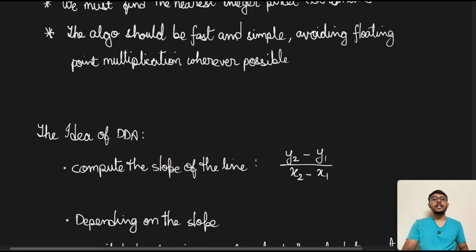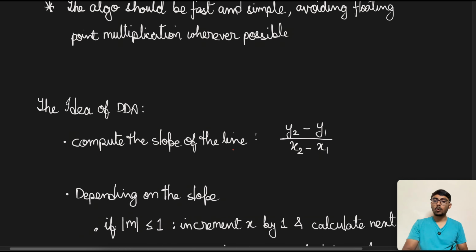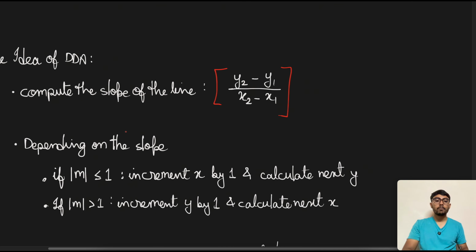The idea of DDA. So first we compute the slope of the line, the traditional method, right? We've seen this many times. Depending on the slope, if m, that is the slope itself, is less than 1, then increment x by 1, okay, and calculate the next y. But if it is greater than 1, then increment y by 1 and calculate the next x. It is quite simple, right?